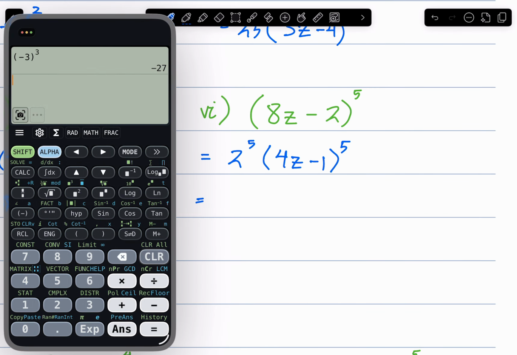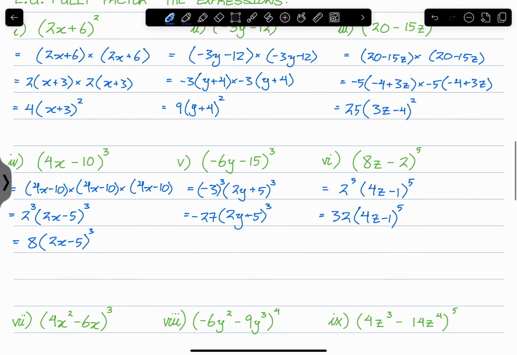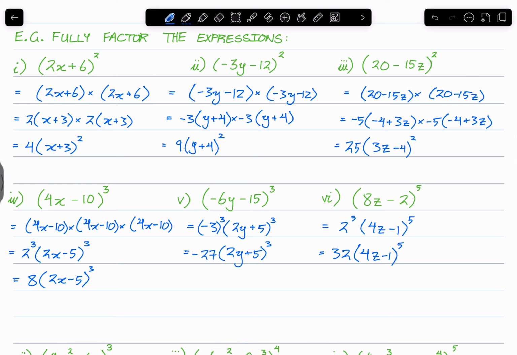So we need to check 2 to the power of 5 is actually 32, times 4z minus 1 to the power of 5. And this is how we factor common factors with groups of indices.